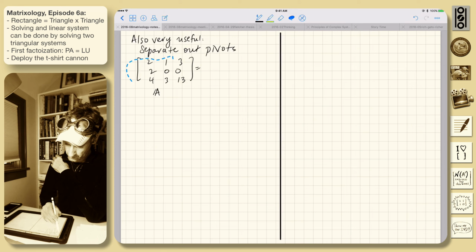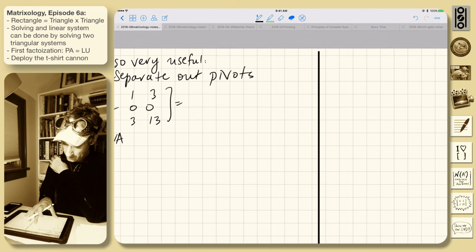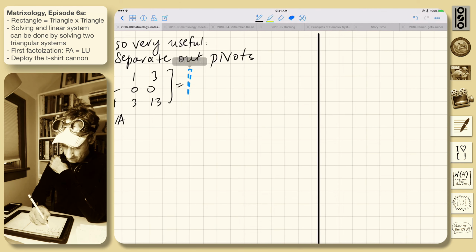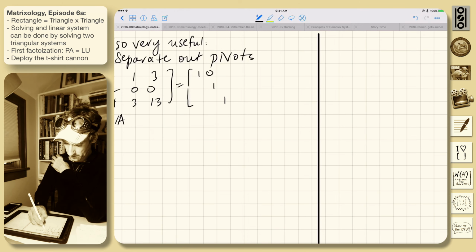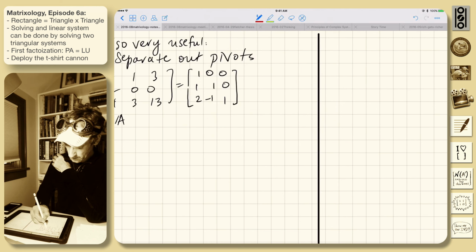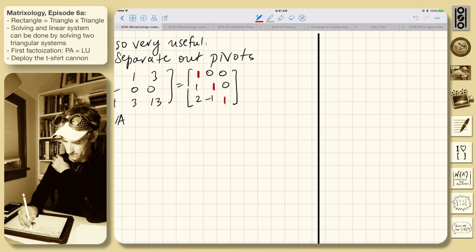I'm going to move this across. Okay, so we're not going to do this factorization, but here's what it is. So again, 1, 1, 1, always ones, right? 1, 2, minus 1. These are always ones.